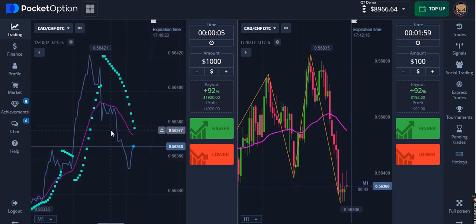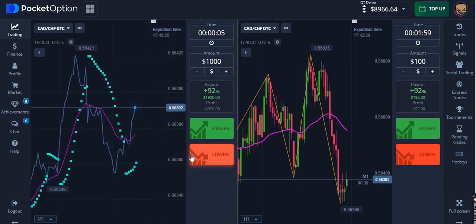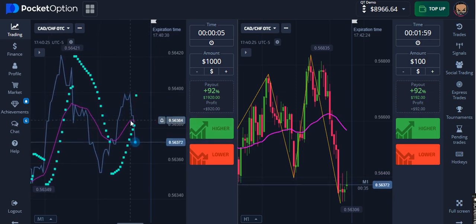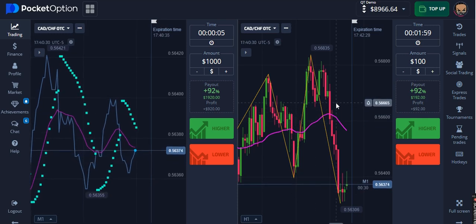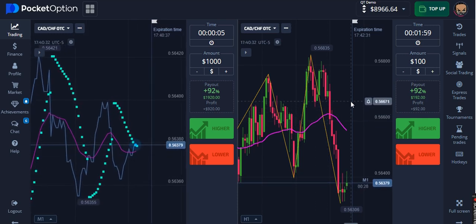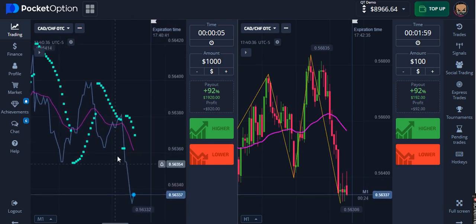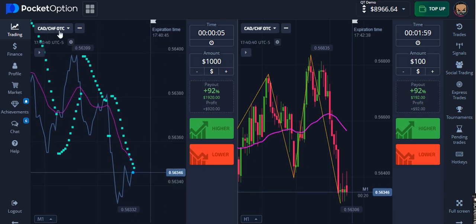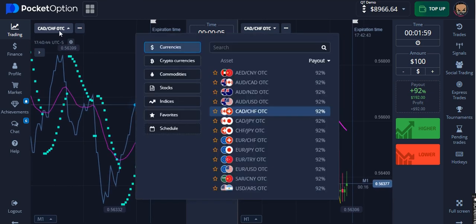If the line is below the moving average, I'm entering for a lower. If it's above the moving average on the left hand side, and above the moving average on the right hand side, I'm waiting for the parabolics to show up and then entering that trade. That was a good entry right there for a lower sell. I kind of missed my opportunity, but I'm just showing you guys that this works a lot.